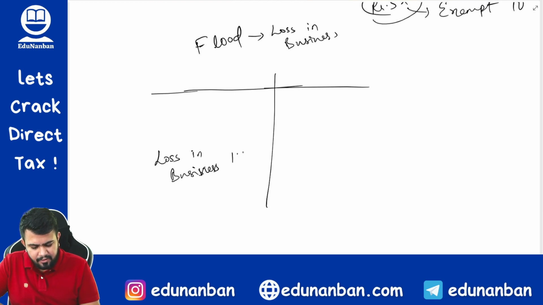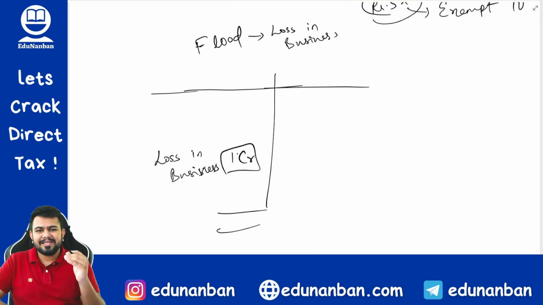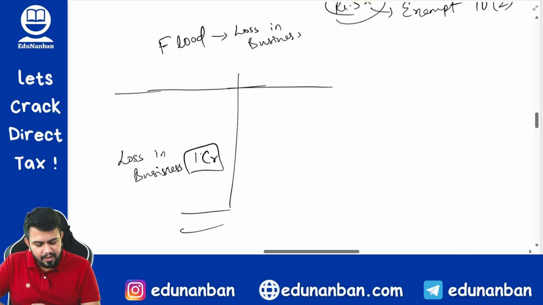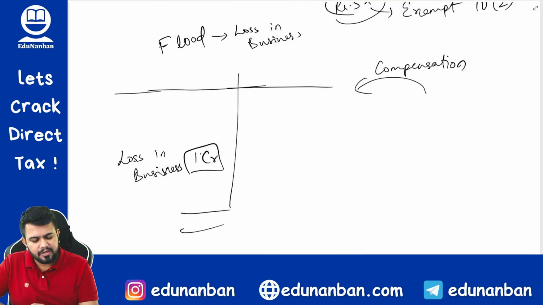Let's say it is 1 crore rupees. And because of that, the profit has been reduced and he paid tax on the reduced profit. So now, when the government is giving him any compensation for such loss, then this compensation will be taxable.